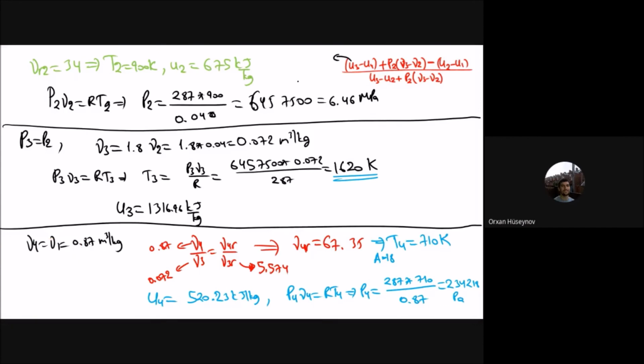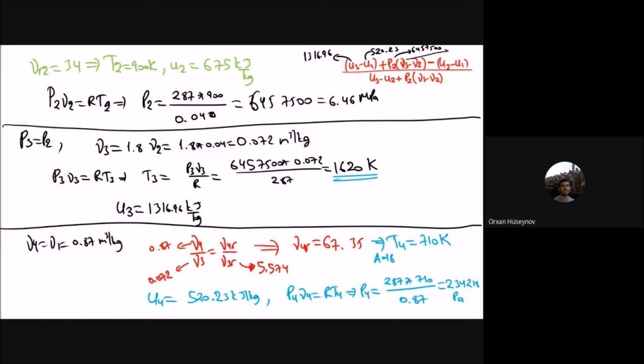The U3 value, the internal energy at 3, is 1316.96, and the internal energy at state 4 is 520.23. Pressure at 2, which is the same as pressure at 3, is 6457500. That is the pressure.